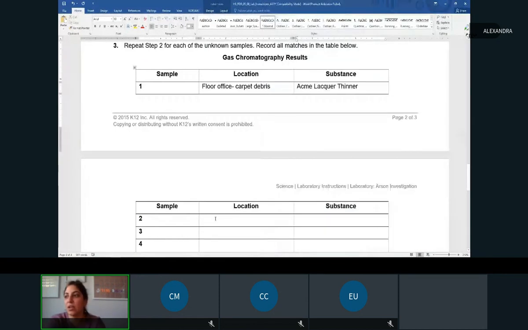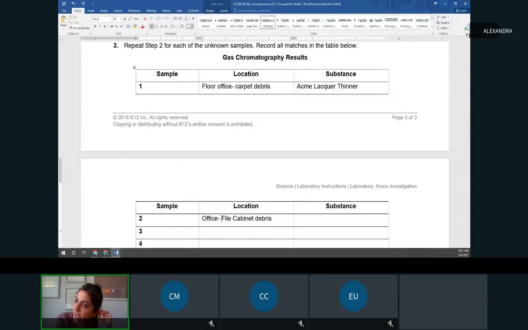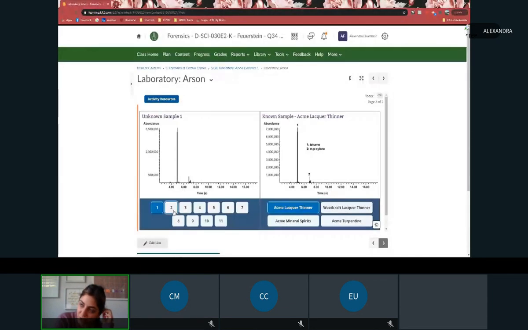And where is it located? In the office, right? Okay, so now let's take a look at our lab. So now we're going to go to sample 2. And what is that going to be?